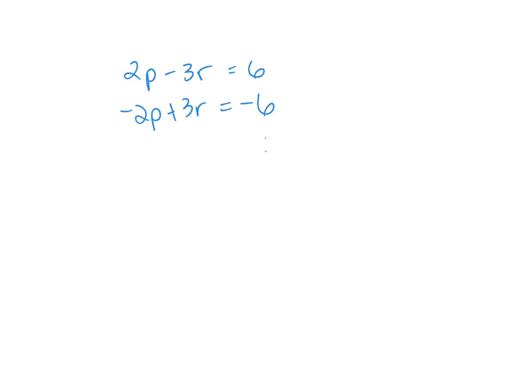Okay, so now we're going to look for two letters that we need to make opposites of each other. But look at the p's. Aren't they already opposites of each other? Yes. So I can just add those two equations together. So are the r's. Oh my gosh, so the p's bite the dust, the r's bite the dust, and those bite the dust. So we get 0 equals 0. That means parallel? No. No solution?